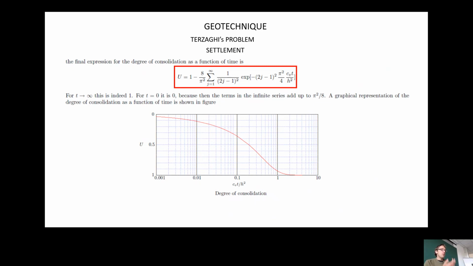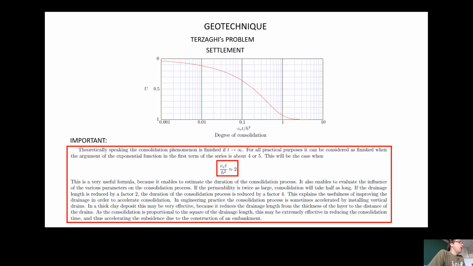The bigger U is, the closer to 1 U is, the more it means that the water is dissipated. The more U is close to 0, the more it means that time is 0. It means that we still have a lot of water inside the soil.